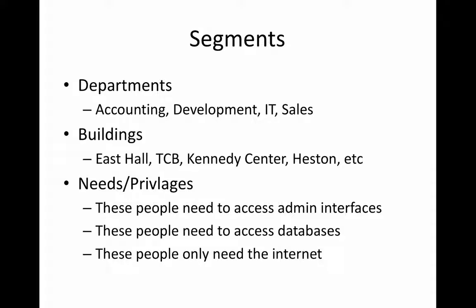The place I worked for actually went further, and since it was big enough, they did it by building, then by floor, and then by zone. So we would have a subnet like 5A4 for my building, my zone, and my section within the zone.